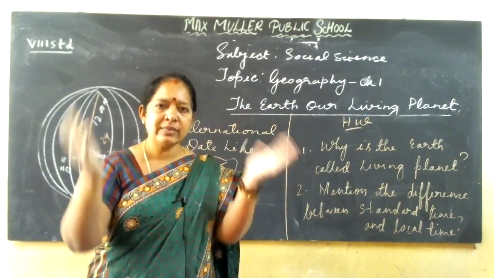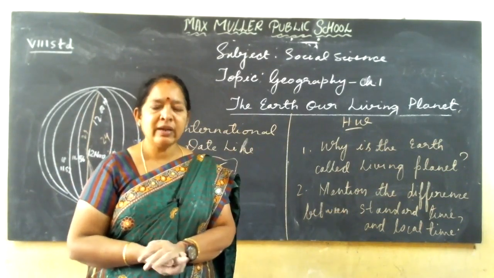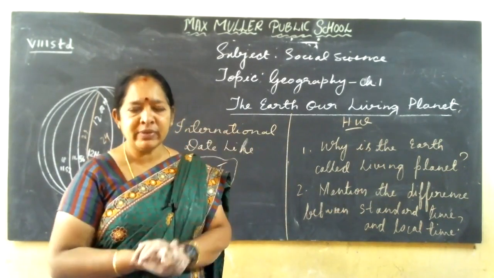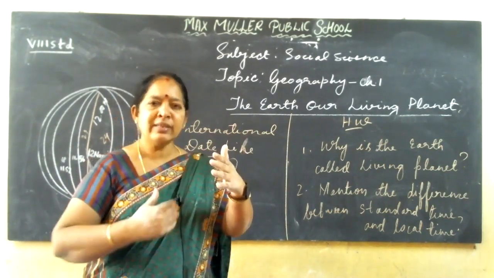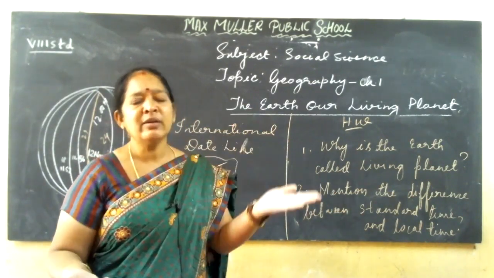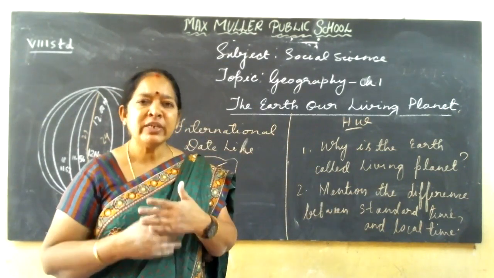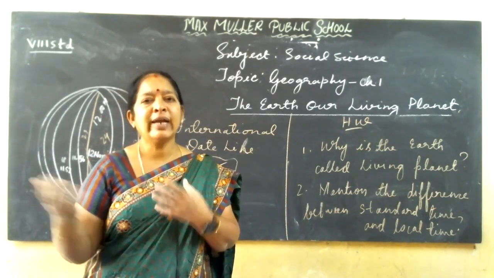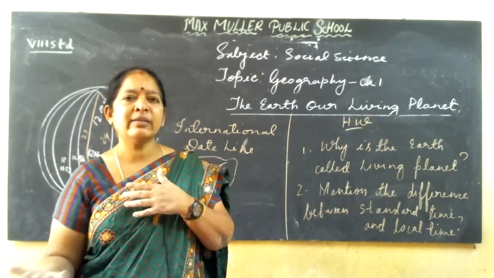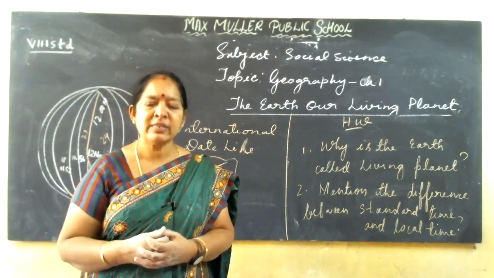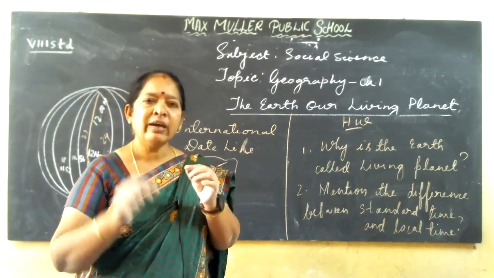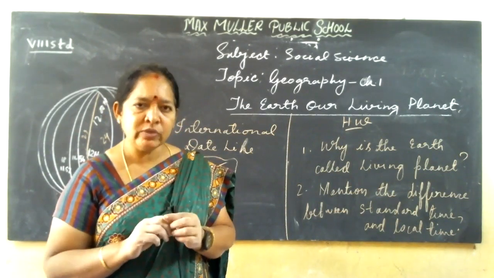And next it is hemispheres. There are four hemispheres: northern, southern, eastern and western. We have drawn some imaginary lines to get to know the distance and the timings of places. So we have latitudes and longitudes.